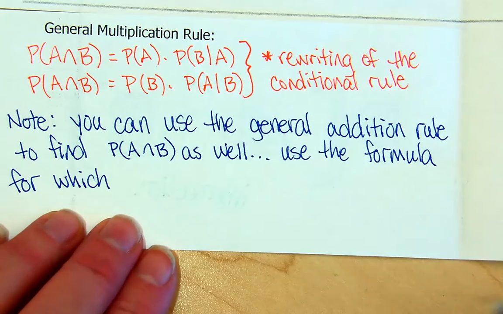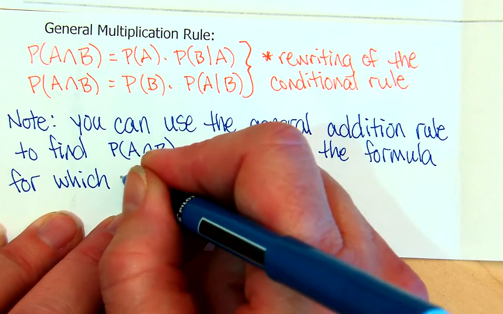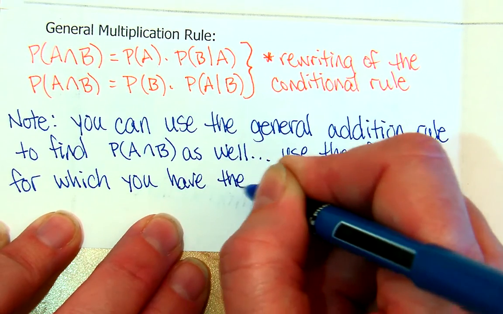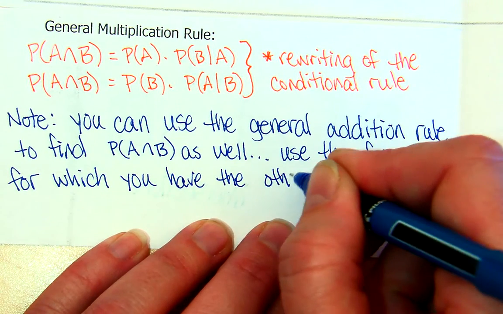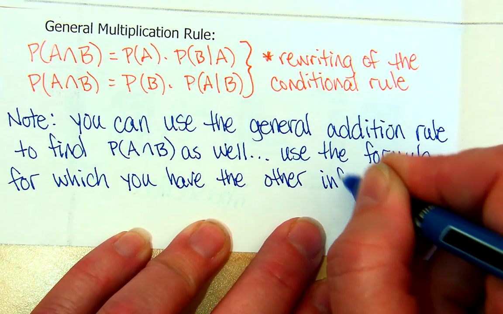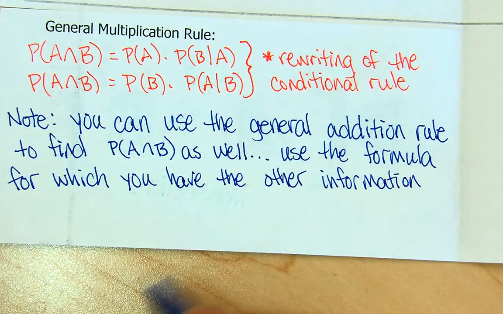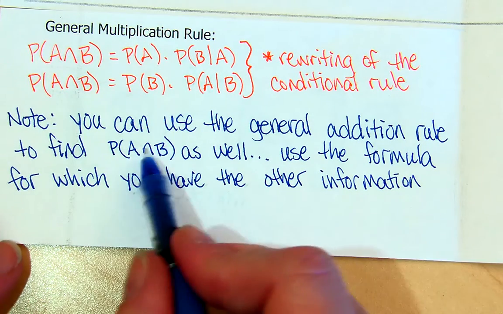Use the formula for which you have the other information. Then solve for the probability of A and B.